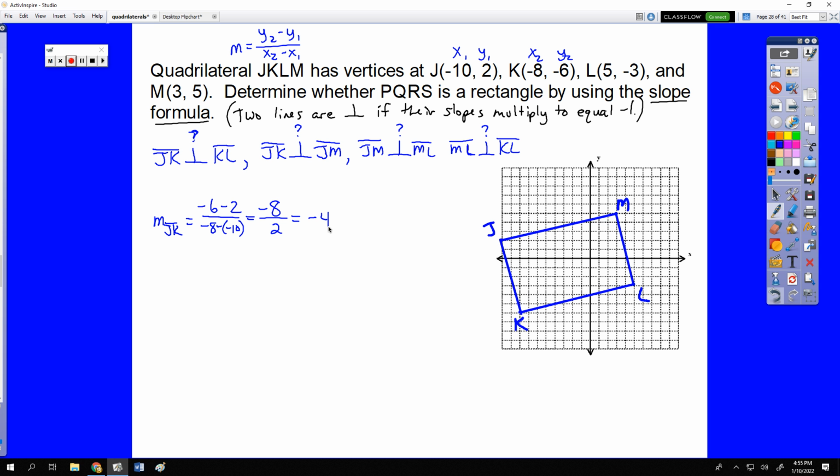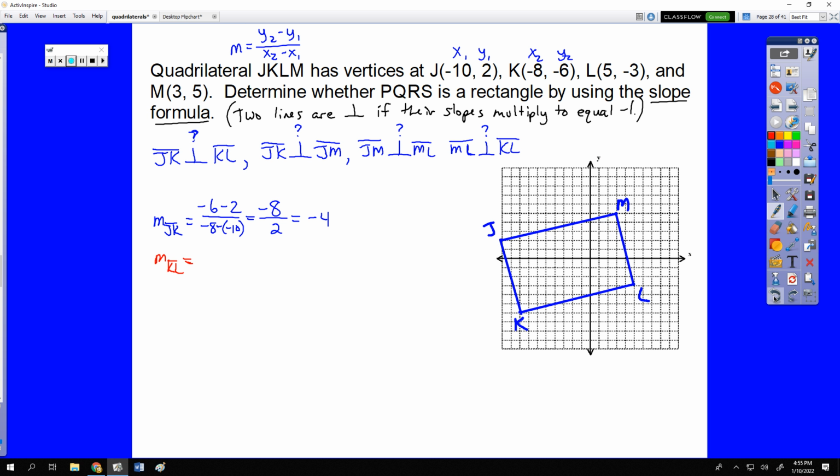Now, from there, we're going to go to the next piece, which would be the slope of KL. We need to keep in mind that if the answer to this question is yes, we should already know what value to expect here. If these two line segments, JK and KL, are perpendicular, then their slopes will multiply to -1.